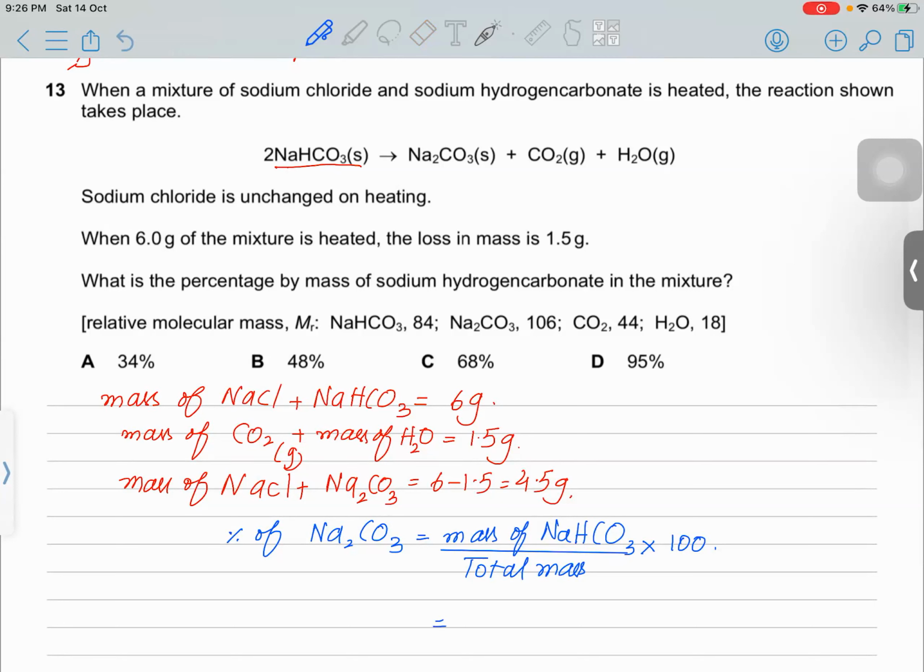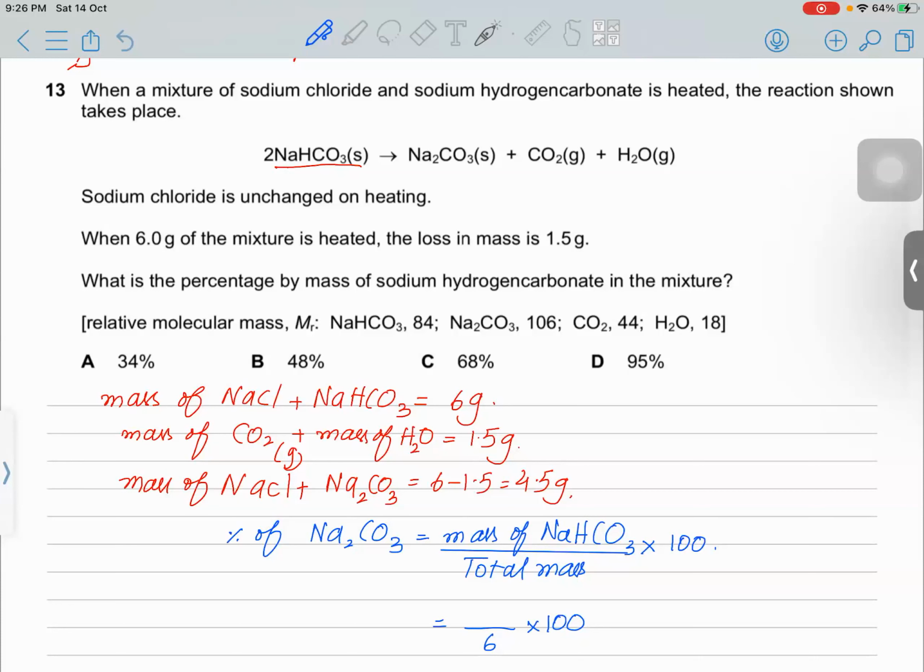So you know that the total mass is 6, multiplied by 100. Now first find the mass of sodium hydrogen carbonate. Sir, by mass, you mean the relative mass, the molecular mass?